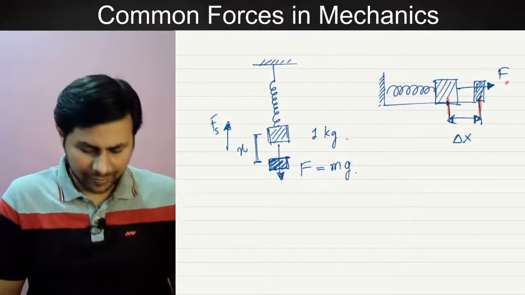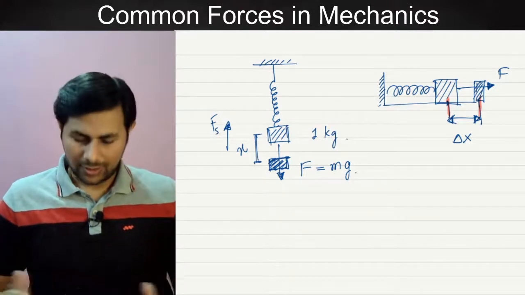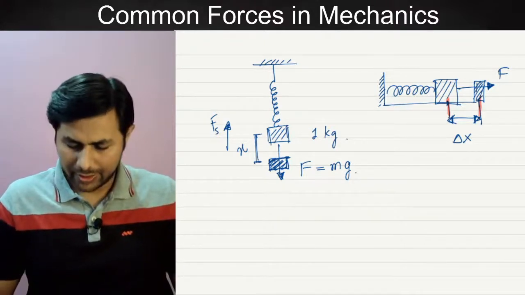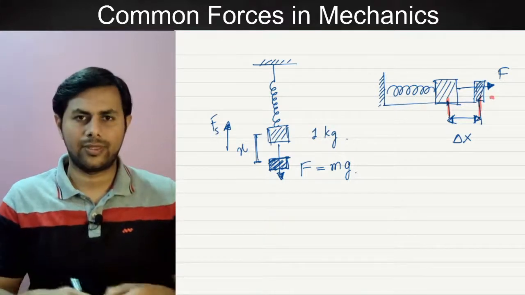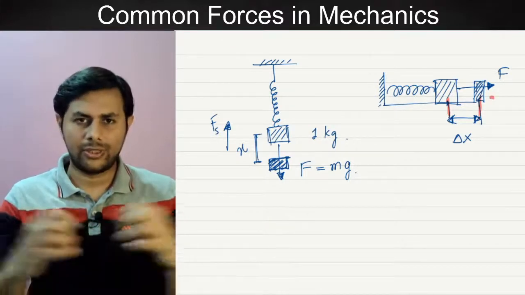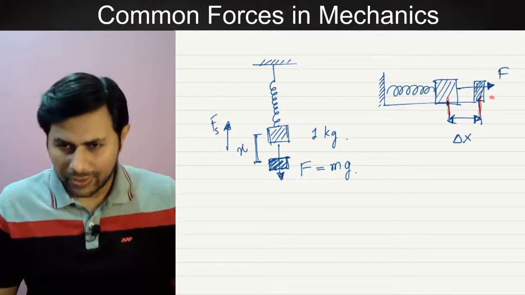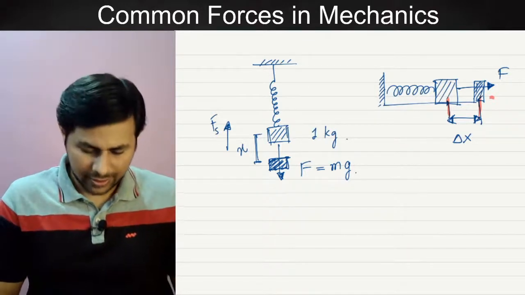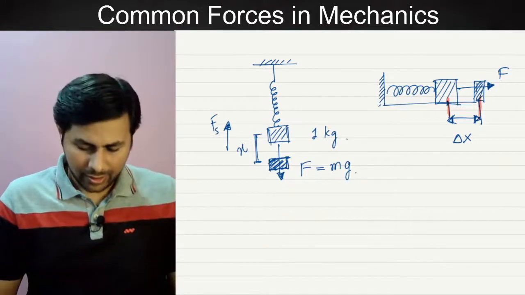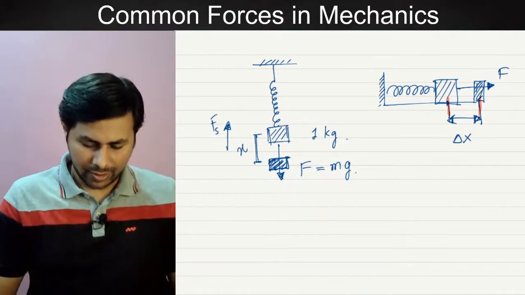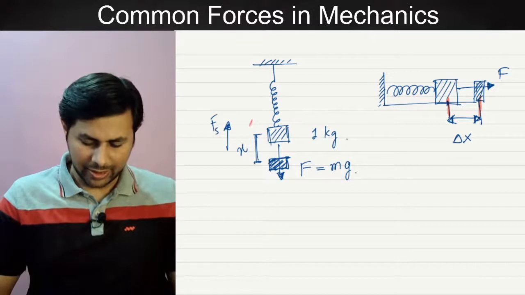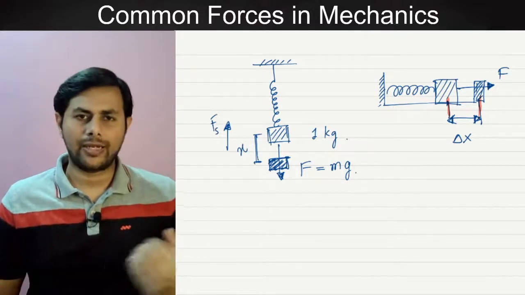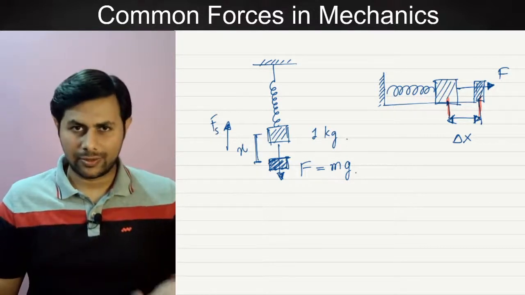It's simple. See, now if this block is pulled to some distance, F will be equal to K times delta X, right? Using this method we can calculate K, right?